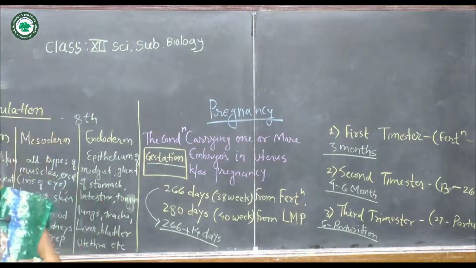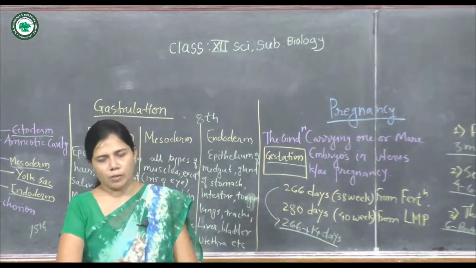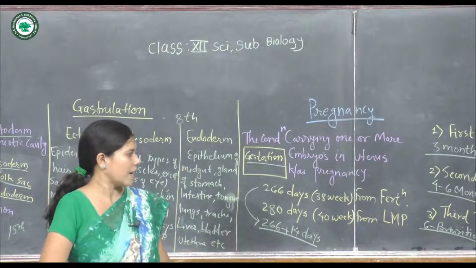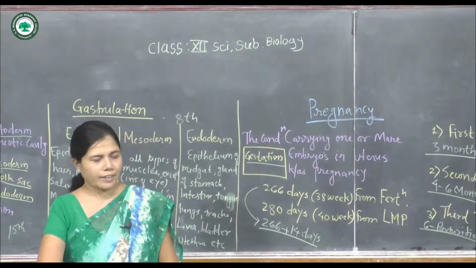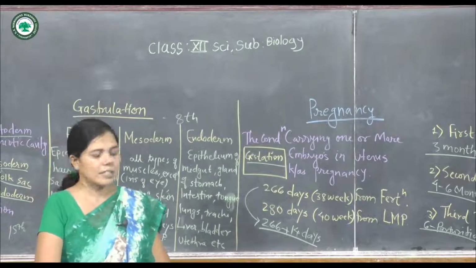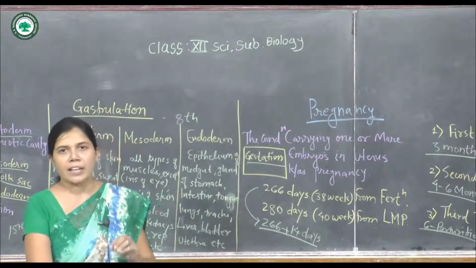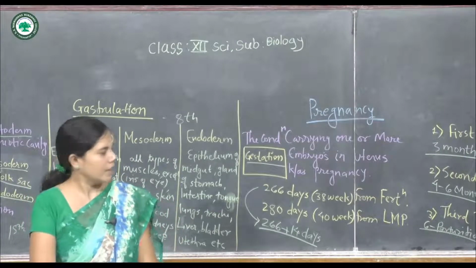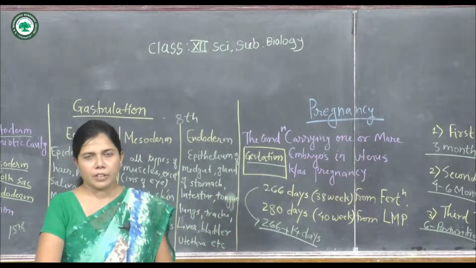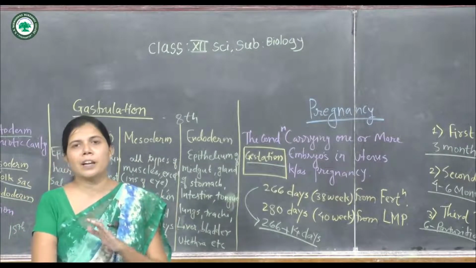In the third trimester the fetus grows about 3 to 4 kg, meaning complete development of the fetus takes place. The weight of the fetus is 2 to 5 kg, and the baby is 50 centimeters in length, with eyes open, and the body gains weight and grows completely.